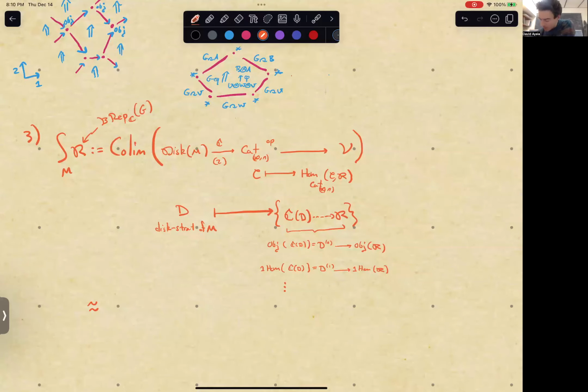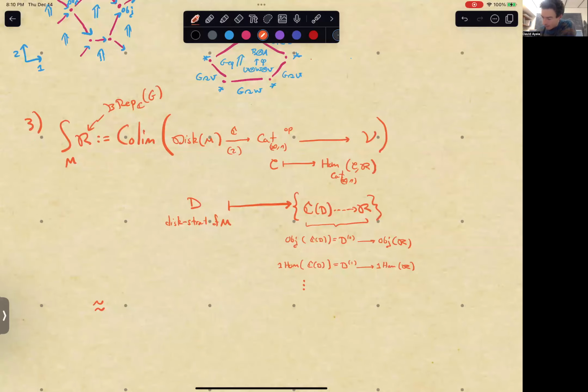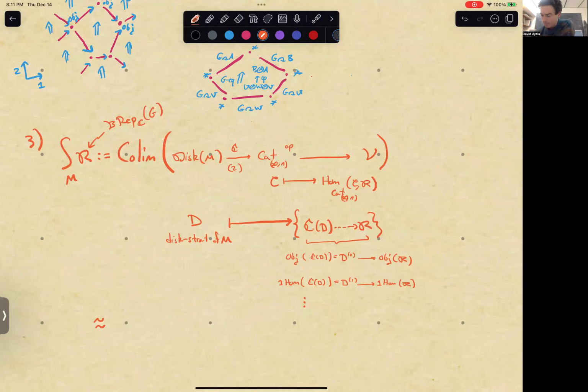Say a heuristic here in this colimit. This is the vector space or chain complex. It has a huge generating set.